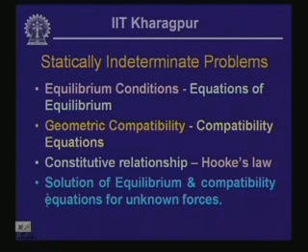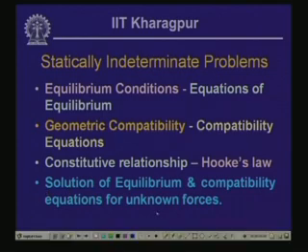Well, if we summarize the statically indeterminate problems which we have seen now, we need the equilibrium conditions. The equilibrium conditions have to be satisfied, either in a local concept or in a global sense for the whole structure. So, equations of equilibrium have to be satisfied.